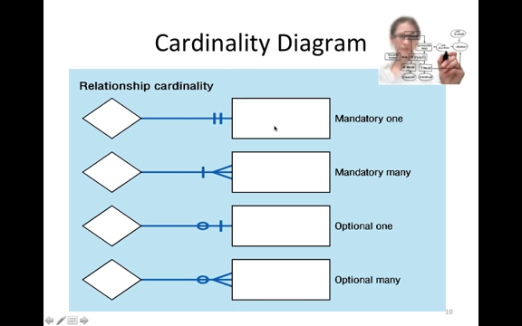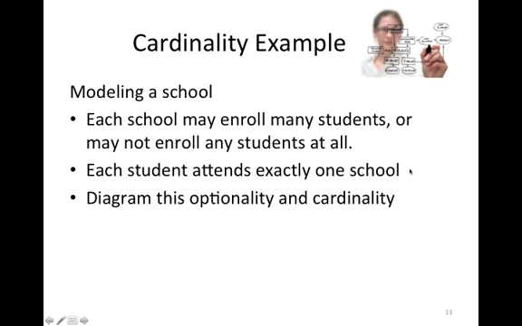This is a useful slide to keep around when you're doing entity relationship modeling. I actually need to remember this all the time when I'm doing this, so I have this little slide up in my office.